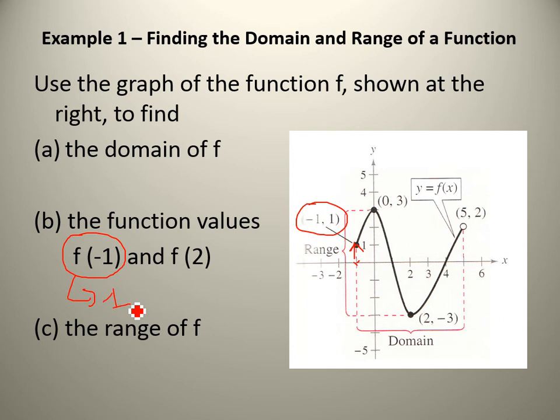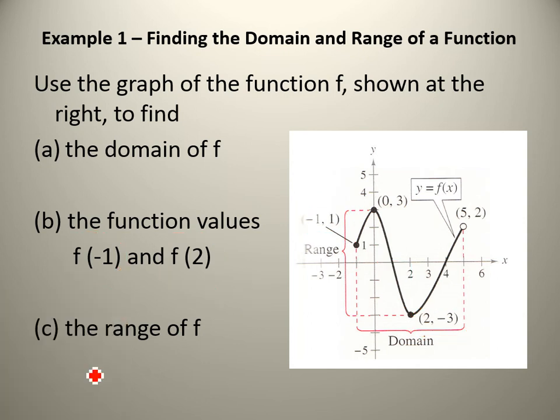And then if I go to f of 2, meaning what is the y value when x is 2? Here's where x is 2, here's the point that corresponds to that, here's the coordinates for that point. So we would say f of 2 equals -3. So that's what I'm looking to do when we're talking about functional notation and function values within a graph.